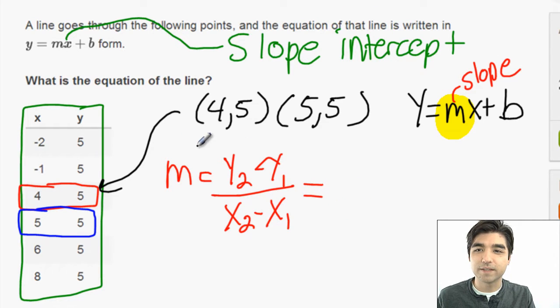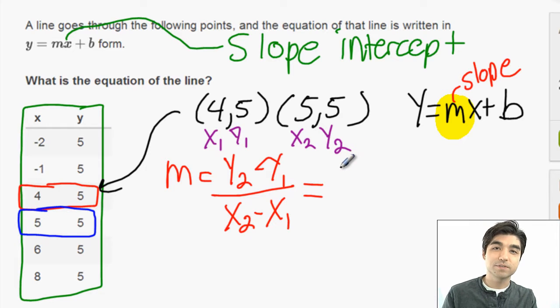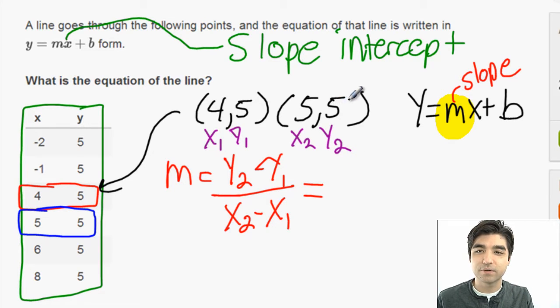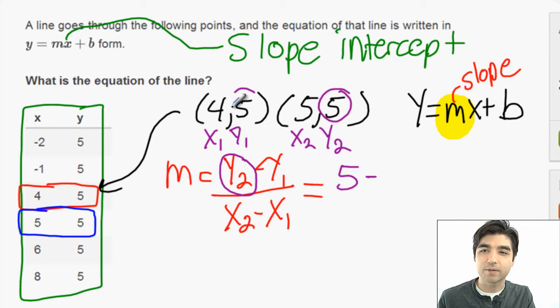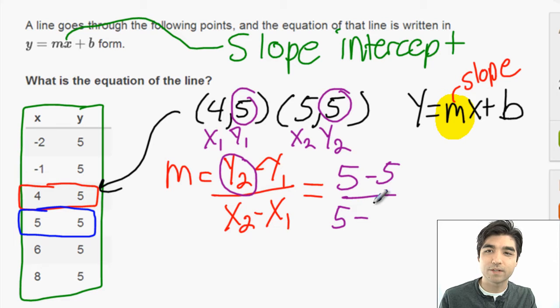Then if we label our points here, x1, y1, and x2, y2, then all we have to do is take these points and plug them into our equation. So our y2 is this 5 right here. So we got 5 minus our y1, which is 5, and that's all over x2, which is 5, minus x1, which is 4.